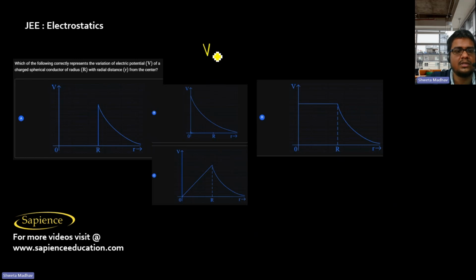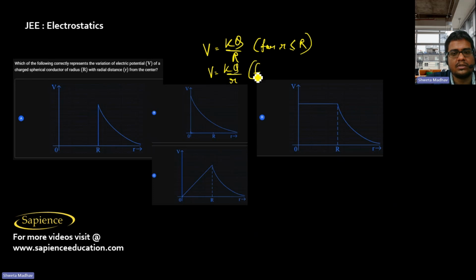V for a charged spherical conductor is equal to KQ by R, which is constant, for r less than or equal to R, and V is equal to KQ by r for r more than R. That means for r less than or equal to R, the potential is constant, but for r more than R, the potential will vary as 1 by r. So it will gradually decrease with r. So option D is the correct answer.